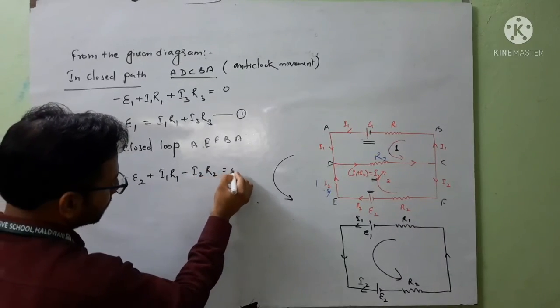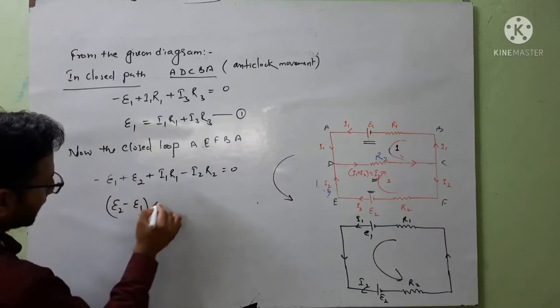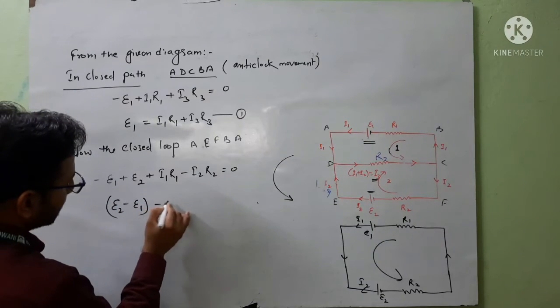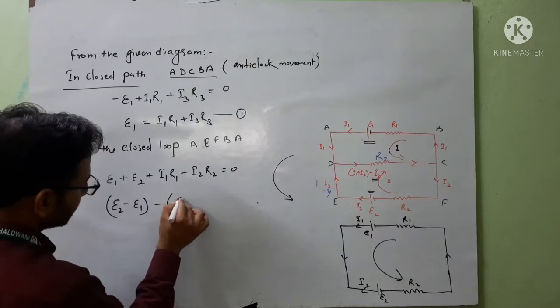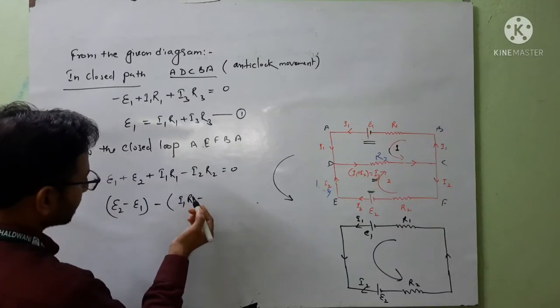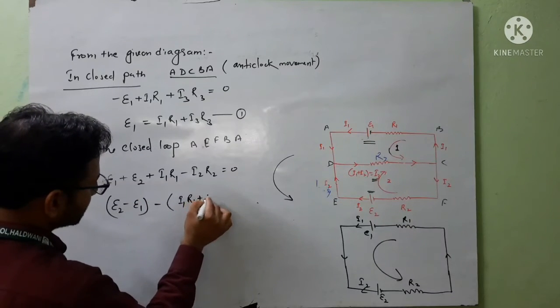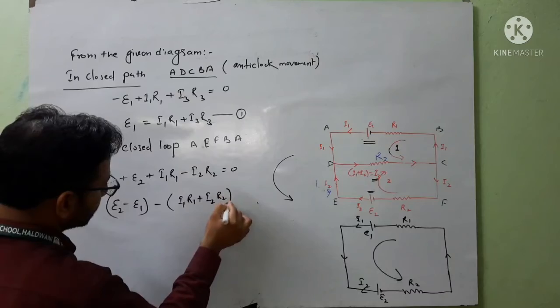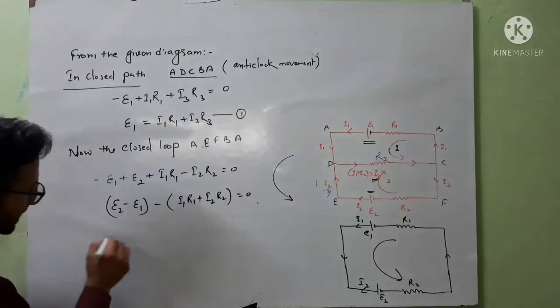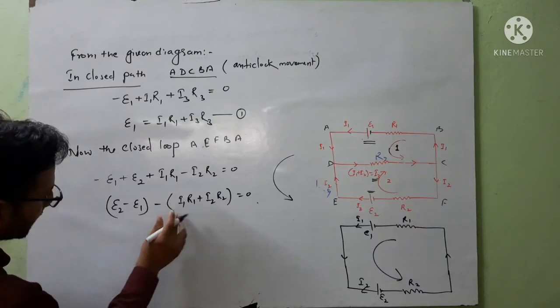I2R2 is equal to 0. So by readjusting the things, taking the negative sign common, we can write I1R1 plus I2R2 is equal to 0. If I readjust the things, it will be like this.